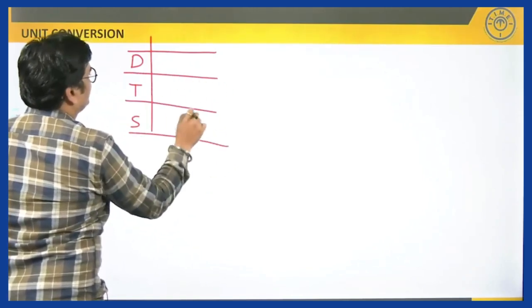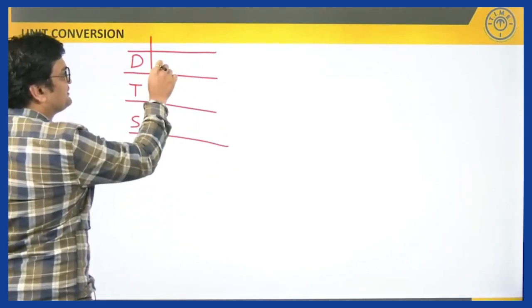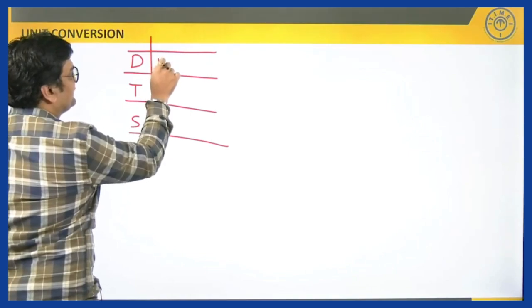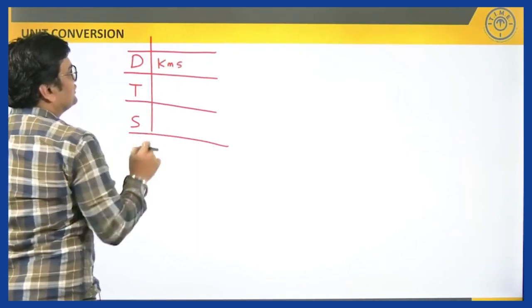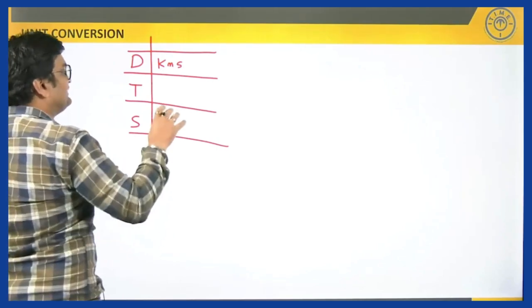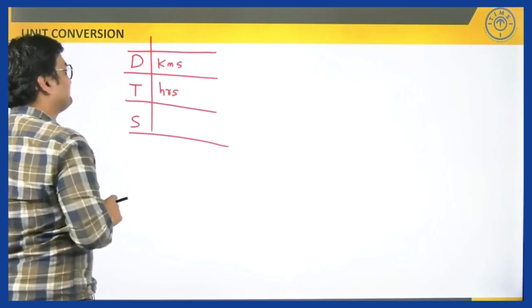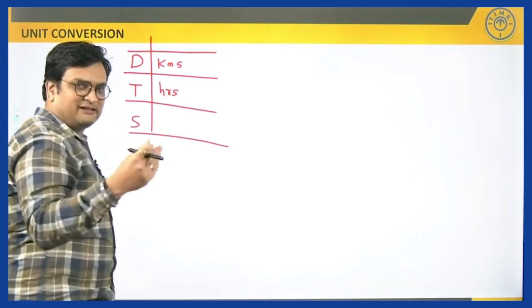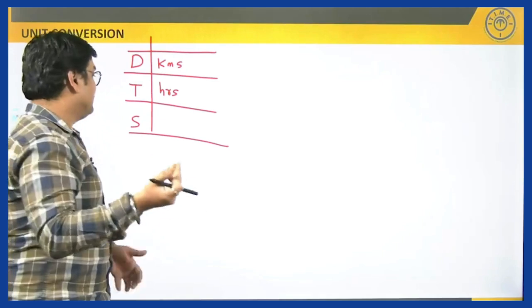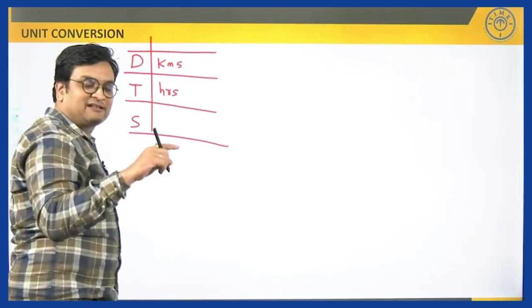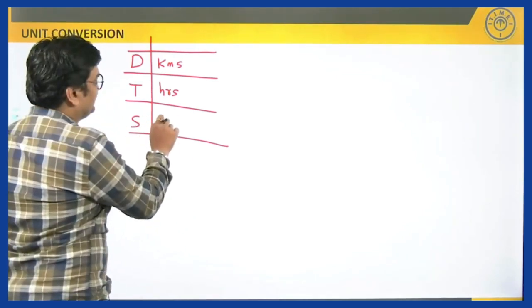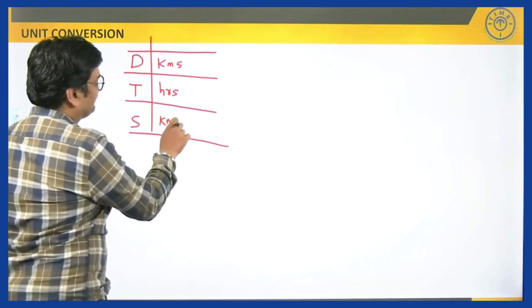So commonly occurring units are, distance sometimes is measured in terms of kilometers. If distance is measured in kilometers, in such a case, we take the time in hours. So if distance is given in kilometers, generally we take time in hours, and thus the speed, which is defined as distance travelled per unit time, will be given in kilometers per hour.